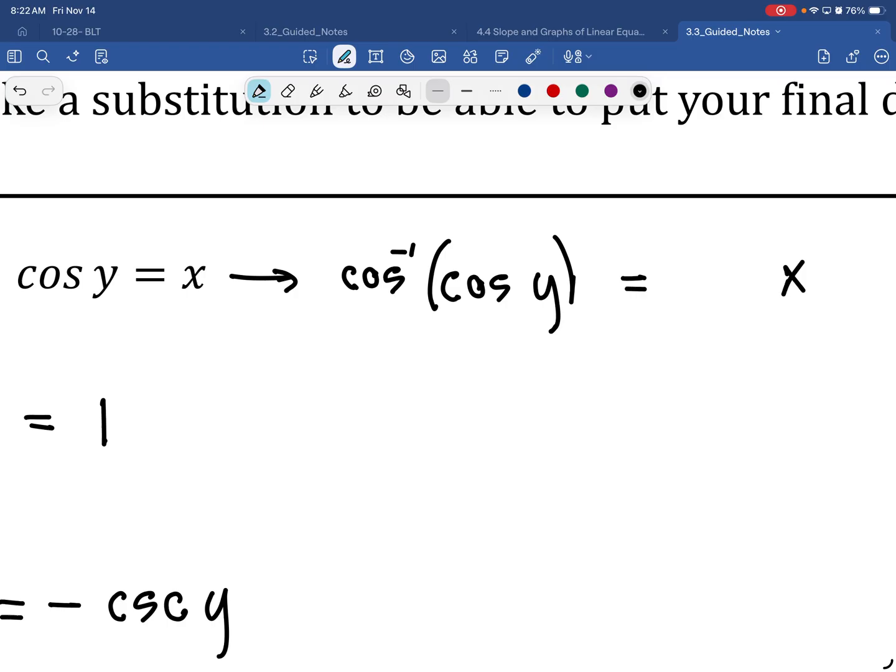But if you cosine inverse the left side of the equation, another way to write that cosine with a -1 is called an arc cosine. I'm just going to use the little -1. But what happens is these cancel. And now y is by itself.